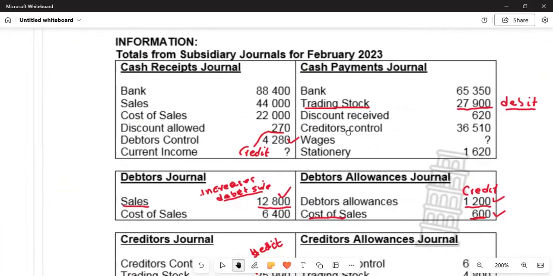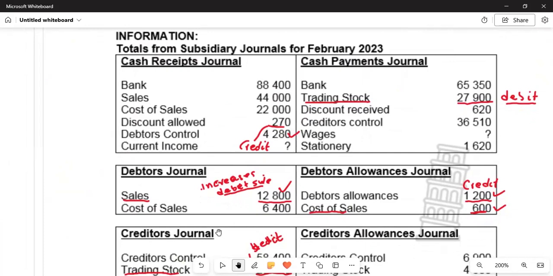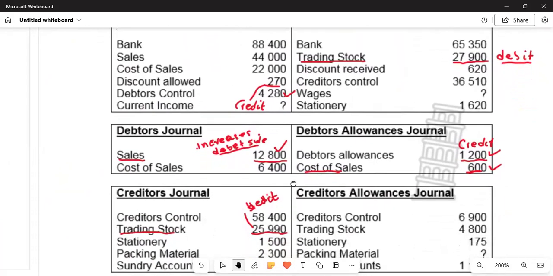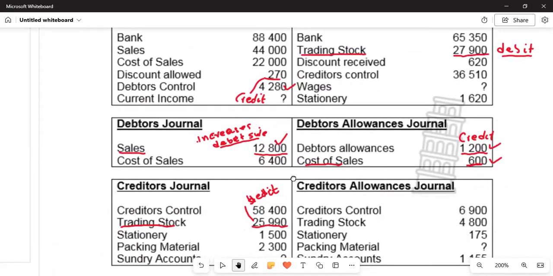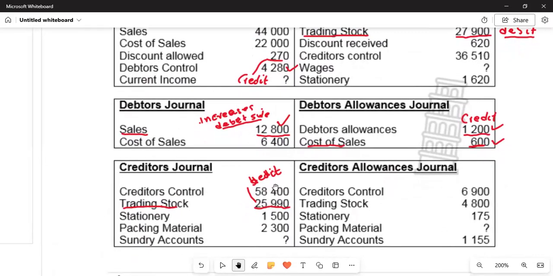Here we are on our information. Then we want to see on the credit side, how are we going to record them? So cost of sales from our debtors journal. Here it is, 6,400.